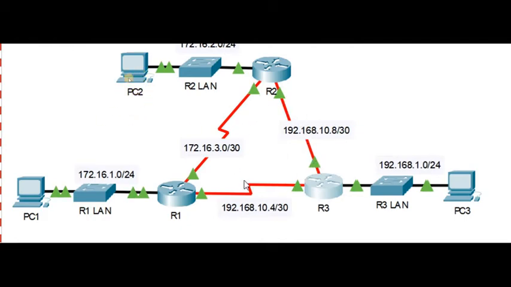So this is the main link where routers exchange routing information updates and form adjacencies with each other. Now, whenever you run EIGRP, routers behave this way.